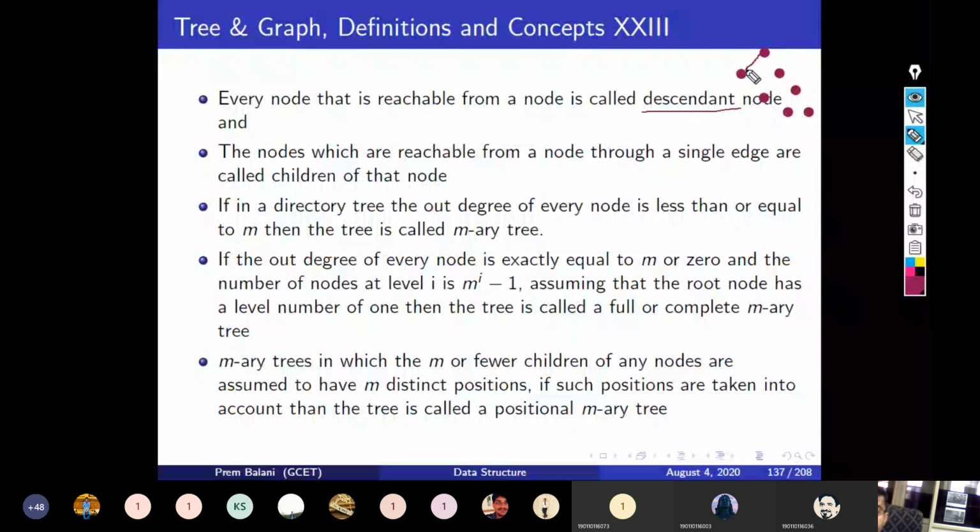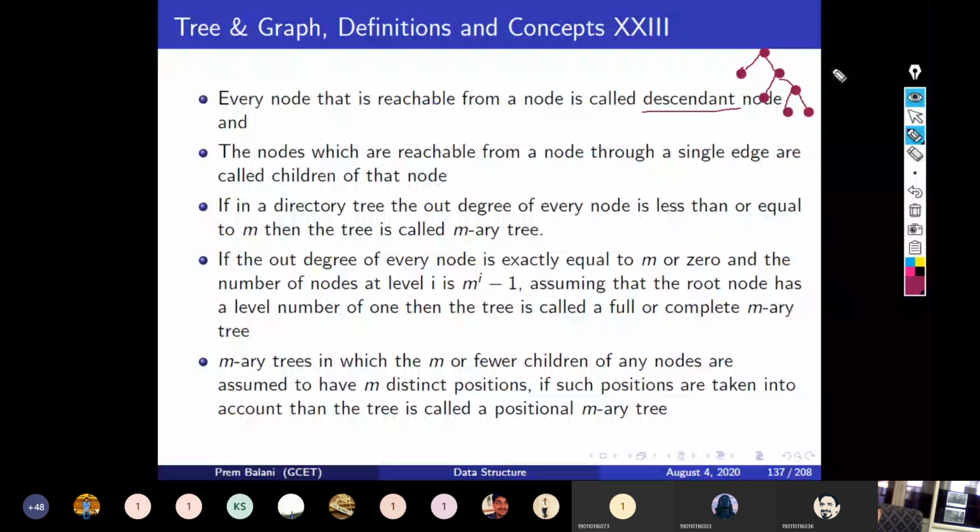Suppose this is a tree, and now in this tree, every node which is reachable from the node is the descendant of that node.